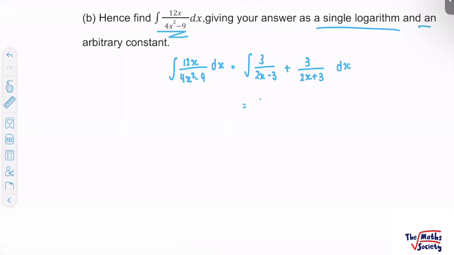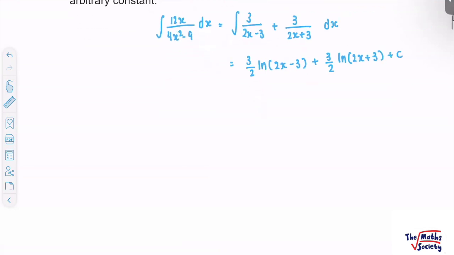So that's going to be 3 by 2 ln(2x minus 3) plus 3 by 2 ln(2x plus 3), plus c.